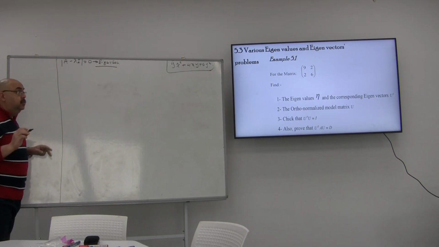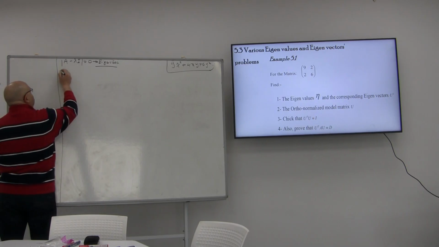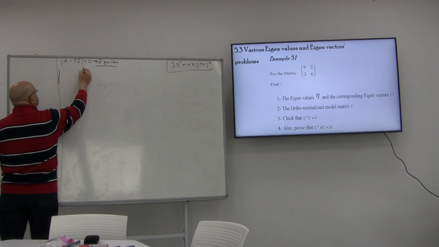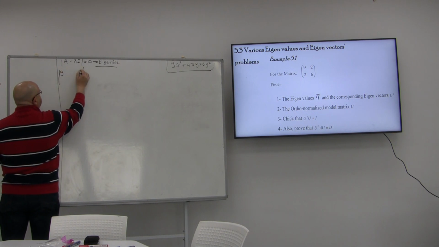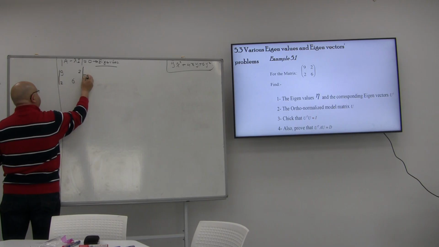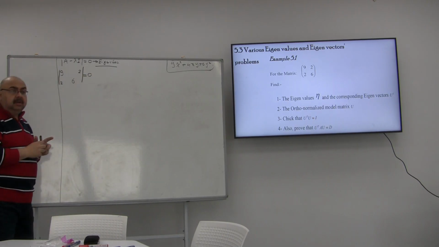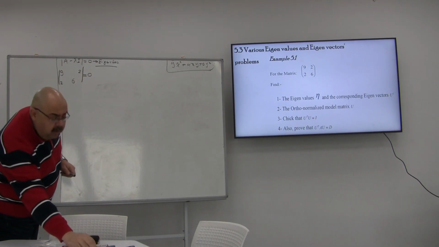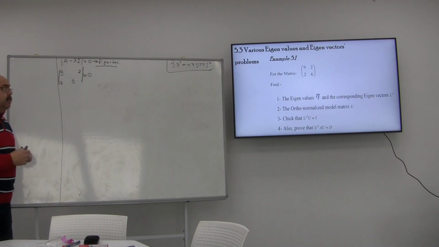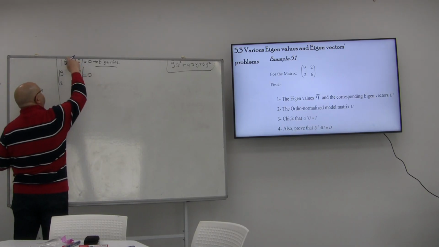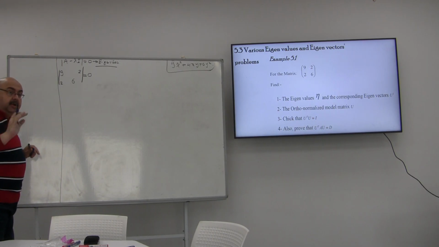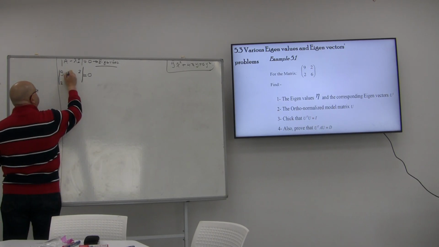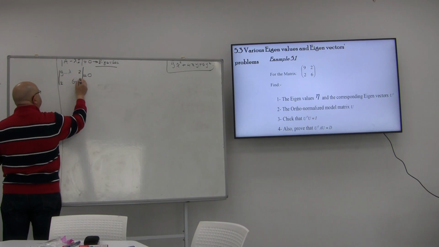So all I have to do, Princess Dina, is open a determinant, writing these values, which are 9, 2, and 2, and 6, and put this determinant equal to 0. Then I will take minus lambda from the principal diagonal, because you have minus lambda times a unit matrix, which is 1, 0, 0, 1. So it's going to be minus lambda, minus lambda.